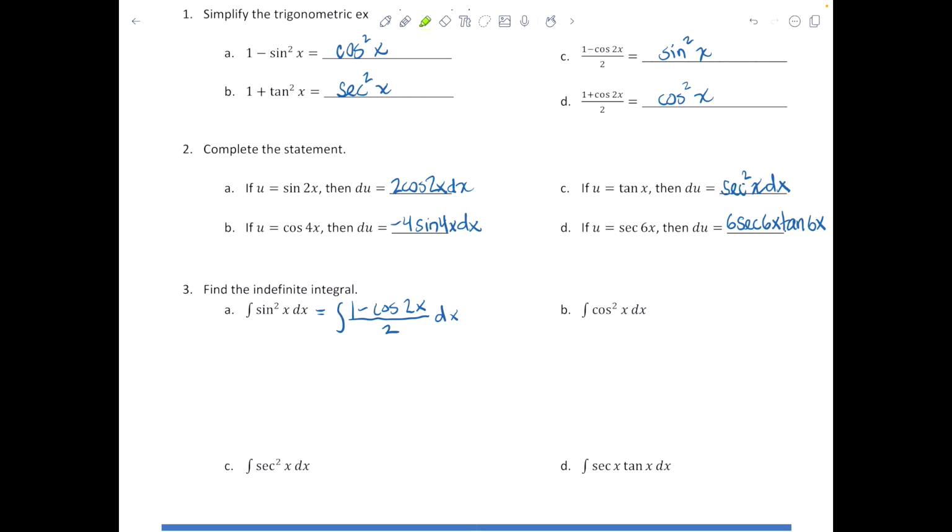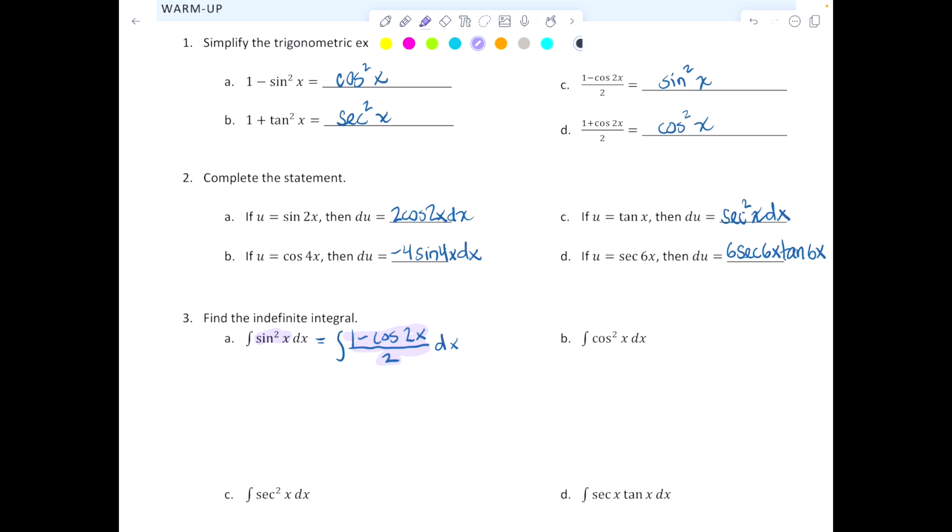And so we rewrite the sine squared function as this one, and that came from part C. All right, cool. And then this one will end up being the integral of 1/2 dx minus 1/2 times the integral of cosine at 2x dx.